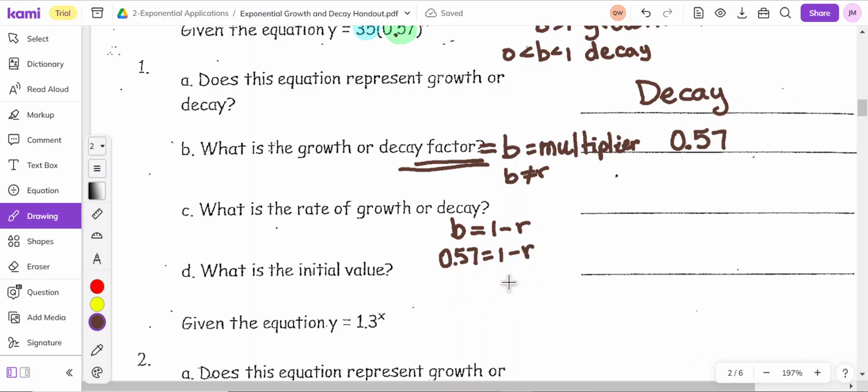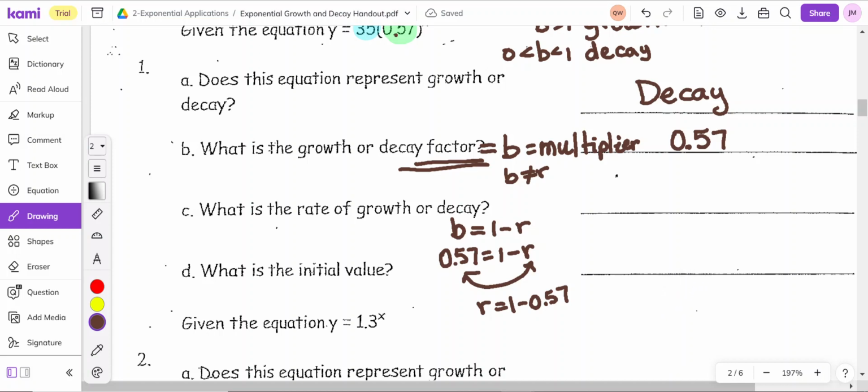So watch. I'm going to show you this mathematically why it is, but ultimately when you're subtracting, all you have to do is swap those two places. R is equal to 1 minus 0.57. Okay. Now let me show you why. You don't have to write it down.